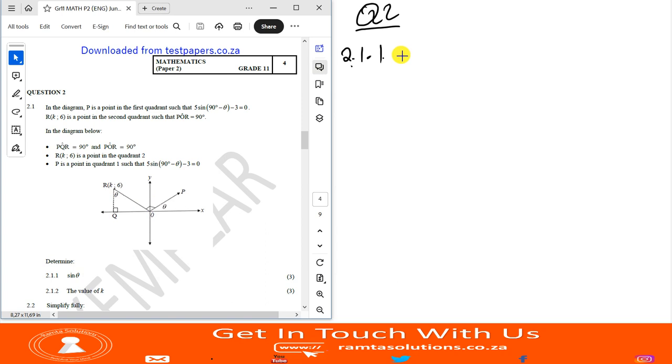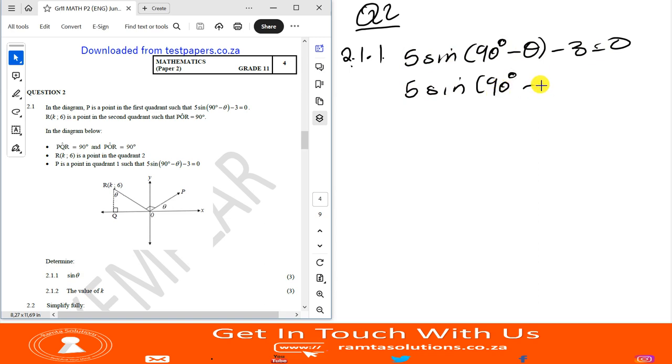What we're going to do now is this. We know that we are given 5 sine(90 degrees minus theta) minus 3 equals 0. This tells me 5 sine(90 degrees minus theta) equals 3.